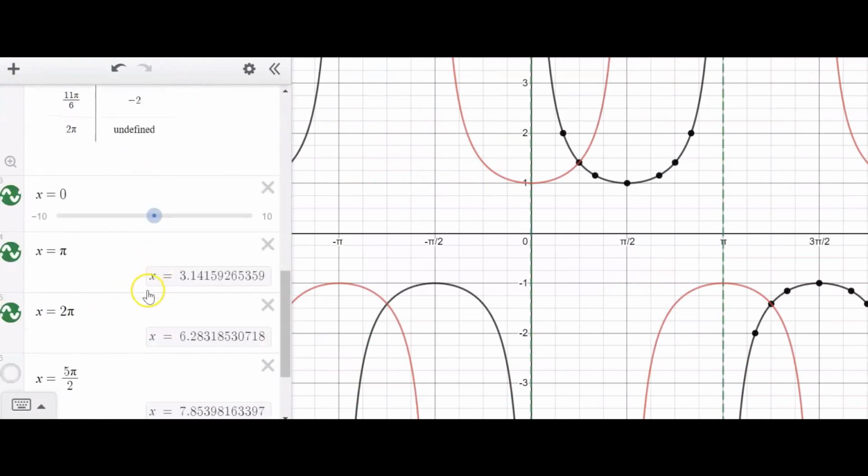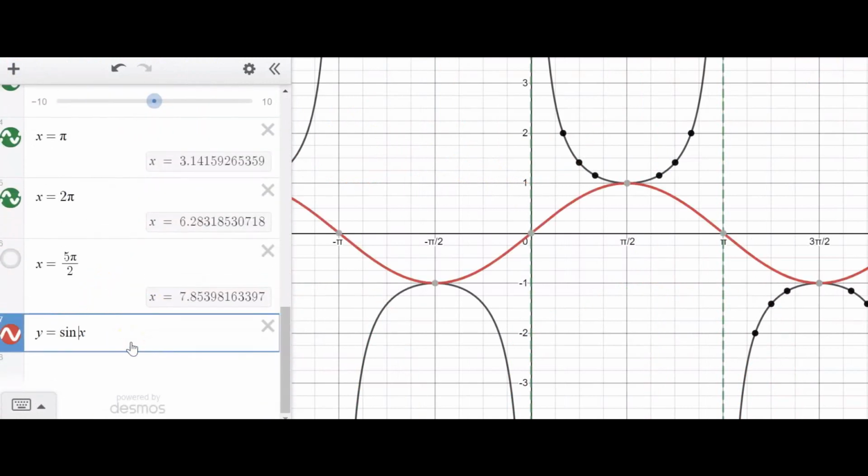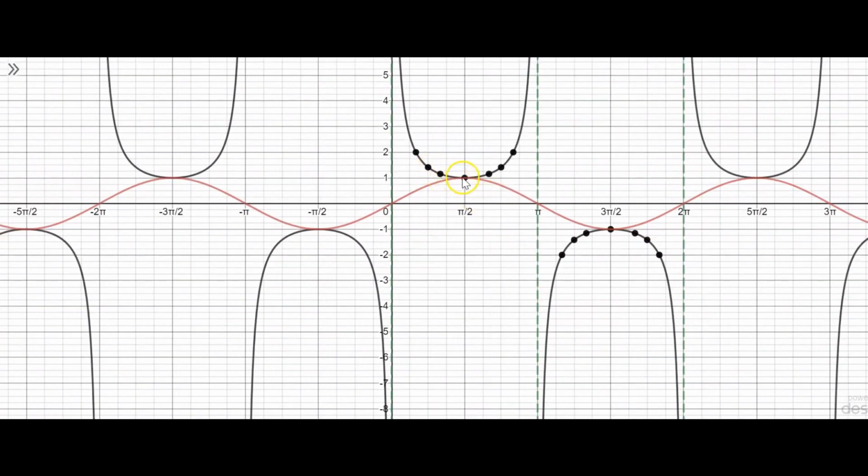So now if we go ahead and put in the graph of sine, let's change the secant to sine, you can see that just like cosine touches the low points and the high points of secant, whenever sine is equal to 1, cosecant is also equal to 1. And wherever sine is equal to -1, cosecant is also equal to -1. And that goes on to positive infinity, and it also goes on to negative infinity.